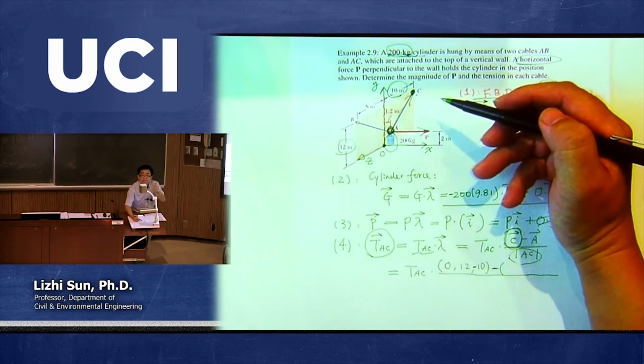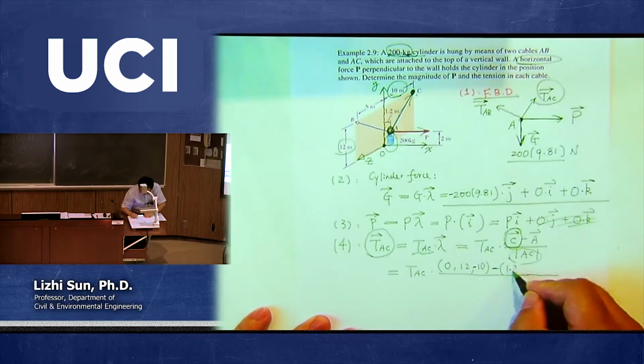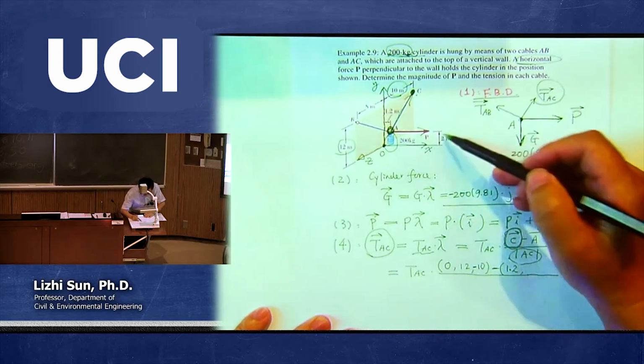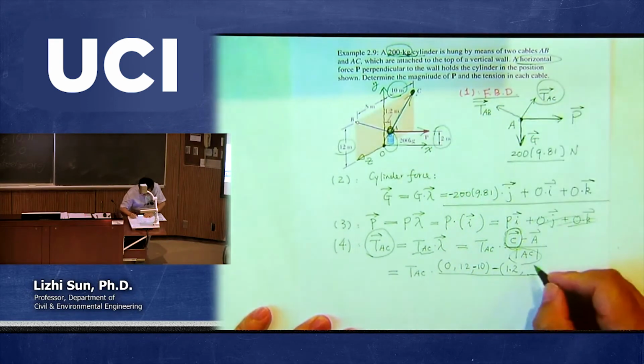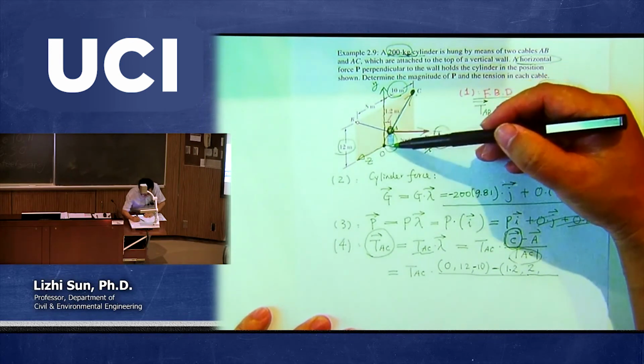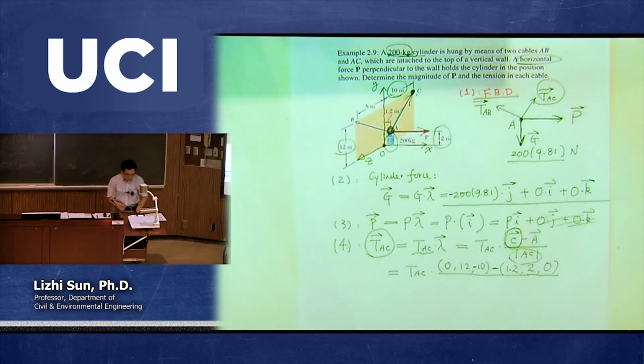So positive 1.2. What is the y component of point A? 2, right? What is the z component of point A? 0. Good. So this is x2, y2, z2 minus x1, y1, z1.